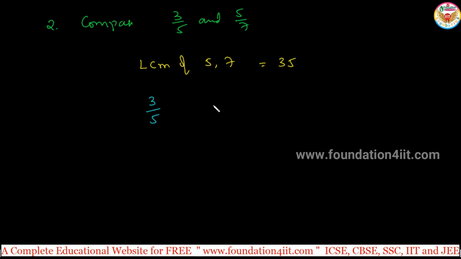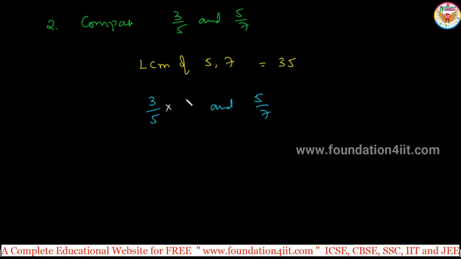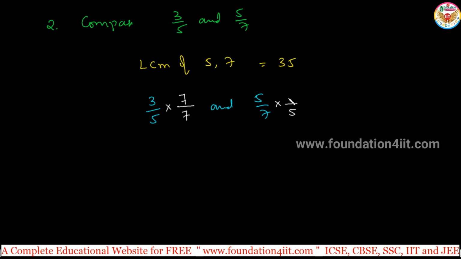So we should make the denominators 35. 3 by 5 is one number and 5 by 7 is another. We should make the denominators equal to the LCM, 35. To make the denominator 35, 5 into 7 is 35, so multiply and divide by 7. The same 7 we multiply with the numerator.